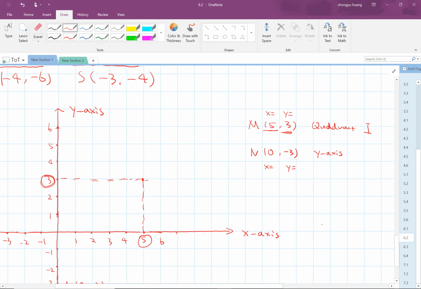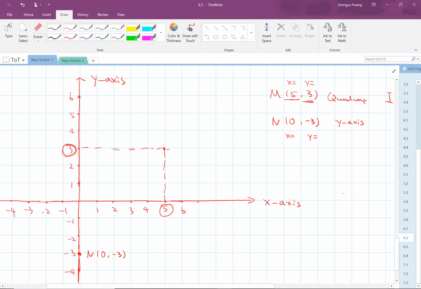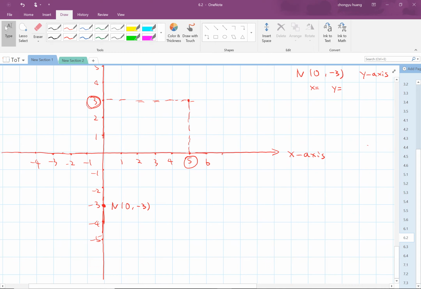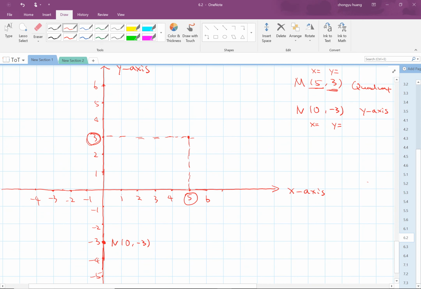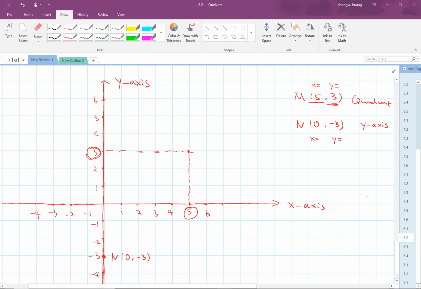And the same thing for n: x equal to 0, y equal to -3, so n is on the y-axis. You plot the point at y equal to -3. That will be the point n.